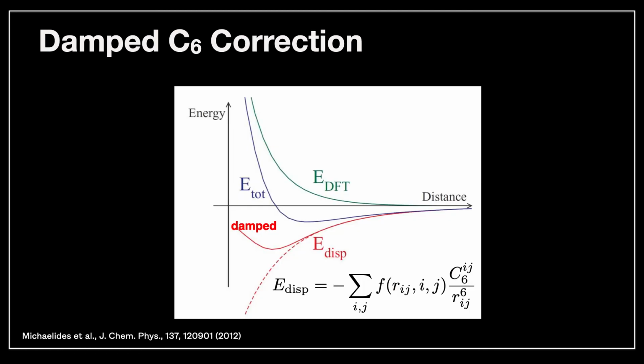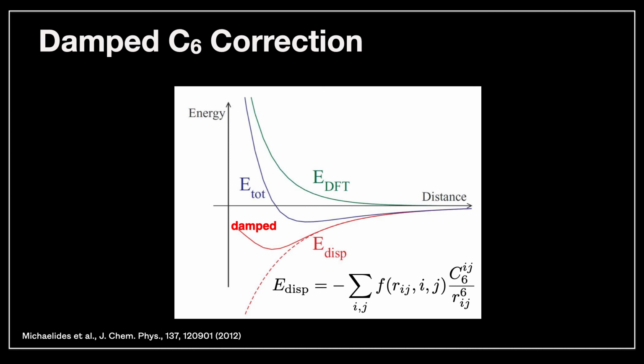If you do that, you also have approaches that use a damped correction. If the attraction is actually too strong, you can have a damping function f until you find something that looks about right. So again, these are parameters we are trying to adjust.